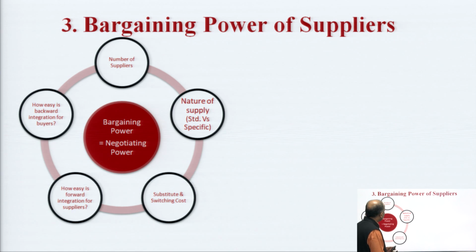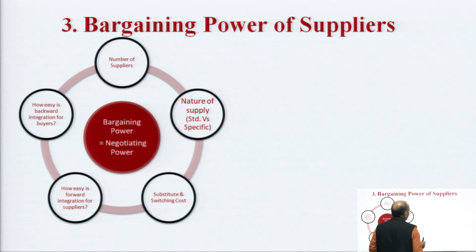Bargaining power of suppliers: the number of suppliers, the nature of the supply, substitute availability and cost, and whether integration backward or forward is easy or not, affect the bargaining power of the supplier. Let us understand this. Suppliers are the organizations that provide the components, subsidiary components or supplies, the raw material and input to the manufacturing companies.